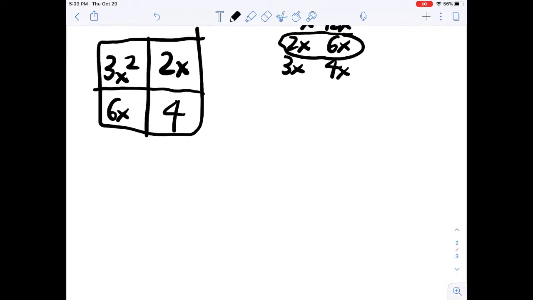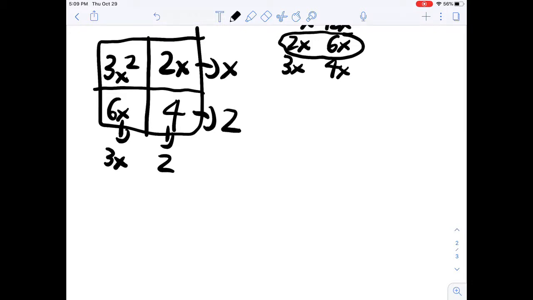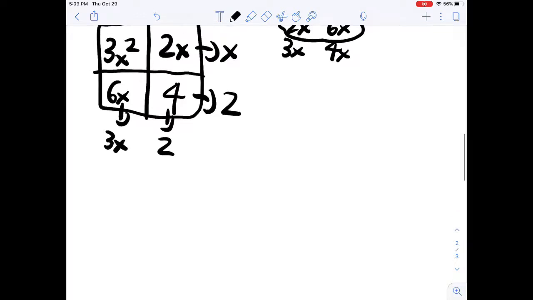They both have a 3 and an x in common, so let's just put 3x down here. 2x and 4 have a 2 in common, so we're going to put that here. 3x squared and 2x have an x in common. 6x and 4 have a 2 in common. So 3x squared plus 8x plus 4 factors out to give 3x plus 2 times x plus 2. There's plus signs here.